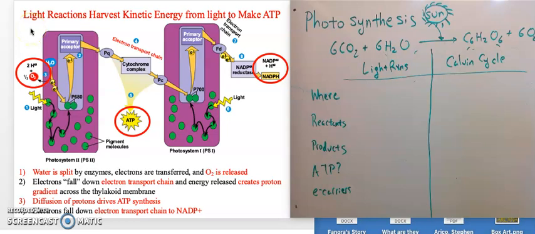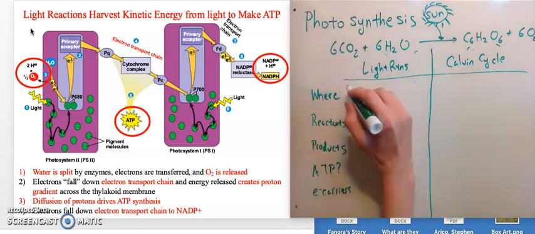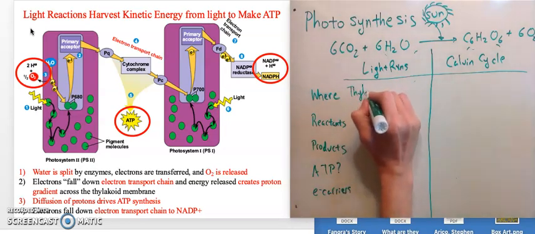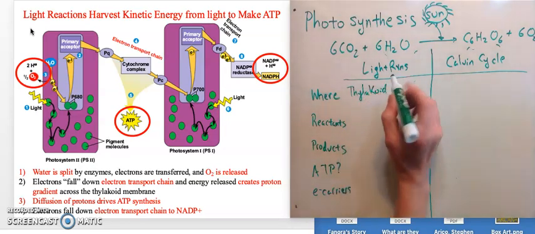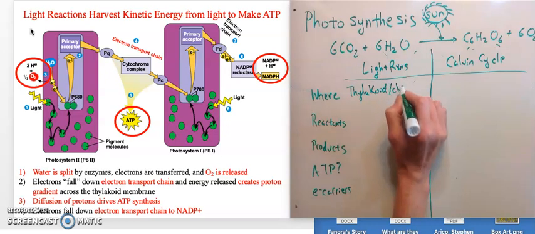Just like for cellular respiration, there's a handout and a chart you can fill out to help you organize the steps of photosynthesis. So for the light reactions, we're going to start in the thylakoid membranes, which is where our pigment chlorophyll is.